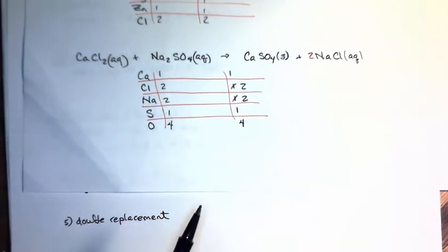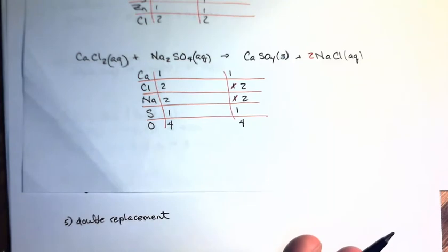Now, let me explain why. Sometimes ion inventories work, but sometimes they don't, all right? And we're too early in your chemistry knowledge building process to know when you can use it and when you can't. The thing is that atom inventories work all the time.